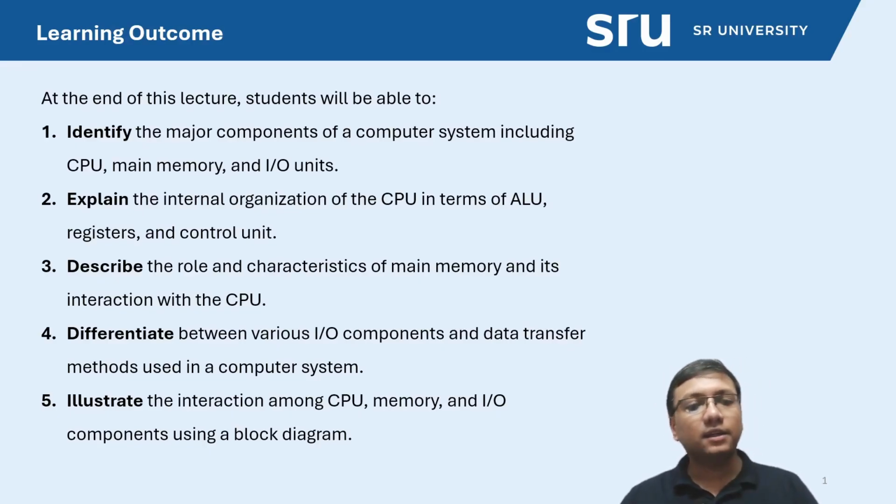Not only that, you will be able to describe the role and characteristics of main memory and its interaction with CPU. You will also be able to differentiate various IO components and data transfer methods that are widely used in a computer system. Finally, you will be able to illustrate the interaction among CPU, main memory and IO components using block diagrams. So let's start.